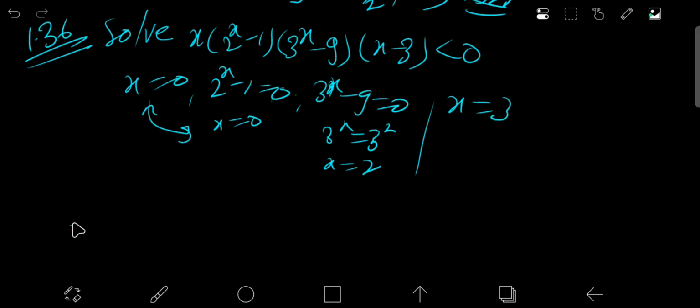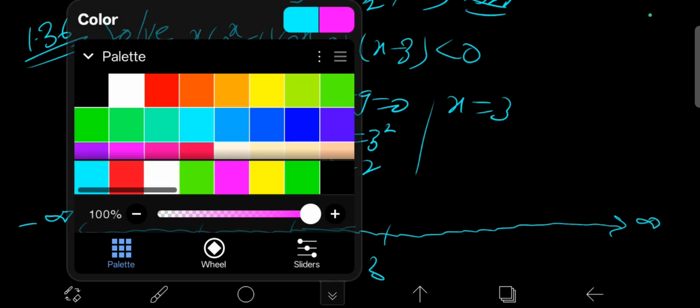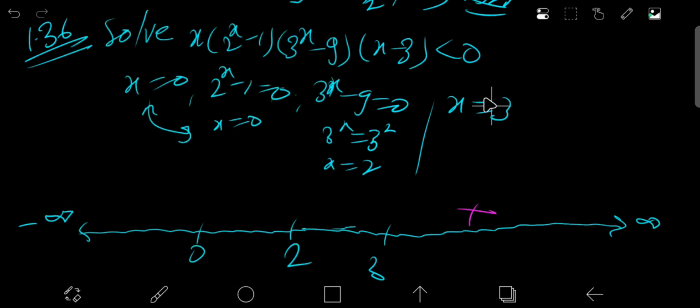Now we draw the real number line. This type is not a curve type, so slowly we draw the real line. This side is plus infinity, this side is minus infinity. Now which root is lesser? 0 is lesser than 2, then 3. Now I put the sign here. This side is plus, and the power of this one is 1, so the sign changes, and this side x equal to 2 is only one root with multiplicity 1, so the sign is changed.